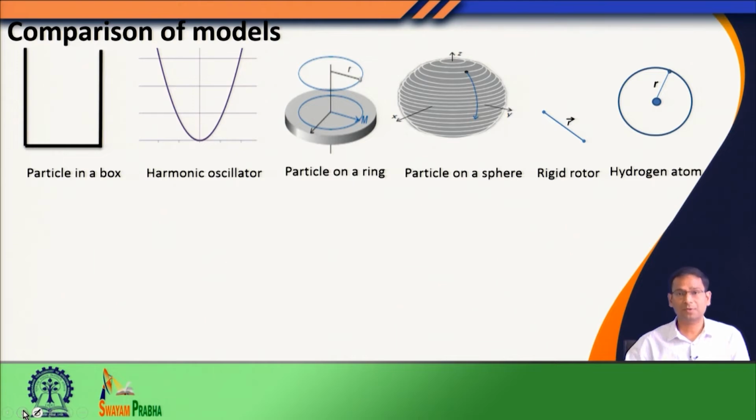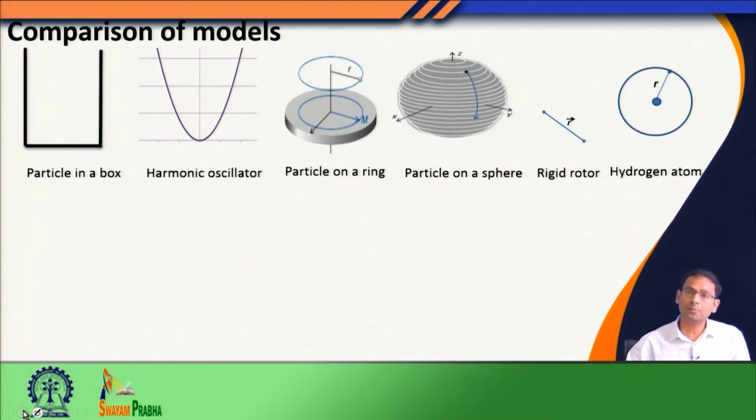The next problem that we dealt with was the harmonic oscillator. While particle in a box showed the translational motion of a particle, with harmonic oscillators we could discuss the vibrational motion of a molecule.